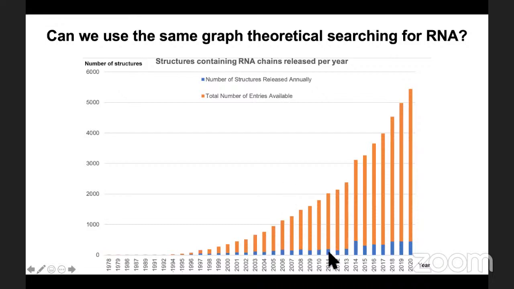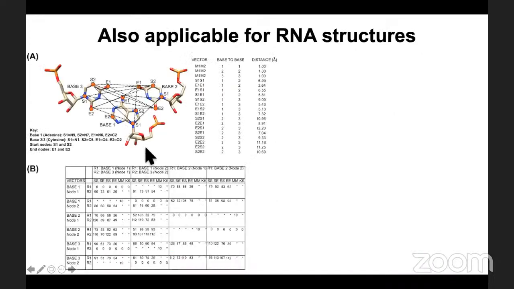As you can see here in the PDB, you've got a drastic increase in depositions of RNA chain containing structures. In the early days, there were not many of these. So using that same concept of pseudoatoms, instead of amino acid side chains, we tried to do it for bases.